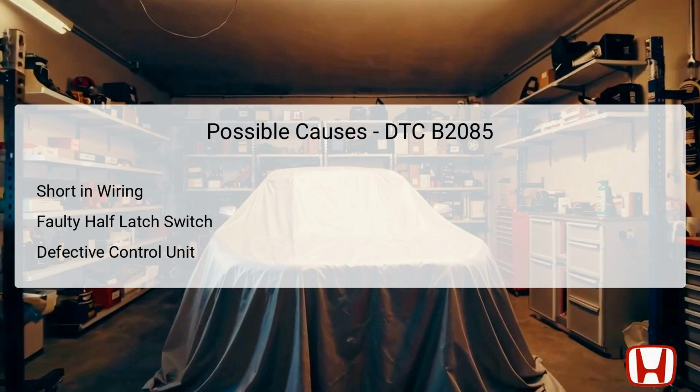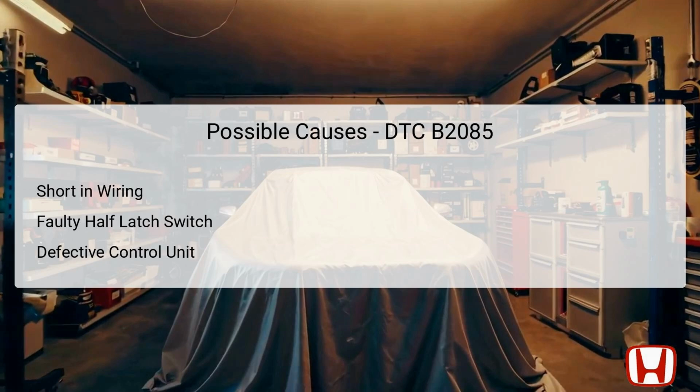There are several potential causes for the DTC B2085. One possibility is a short in the wiring associated with the right power sliding door system, which may occur due to wear, abrasion, or improper installation. Another cause might be a faulty half-latch switch. If this component fails, it may stop sending the correct signals to the control unit, leading to operational issues.